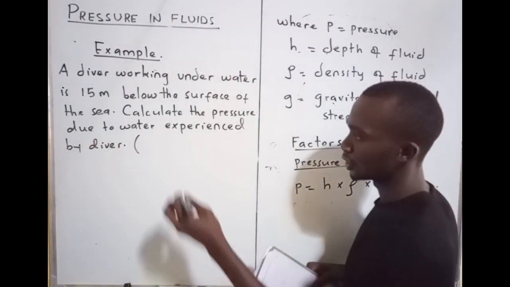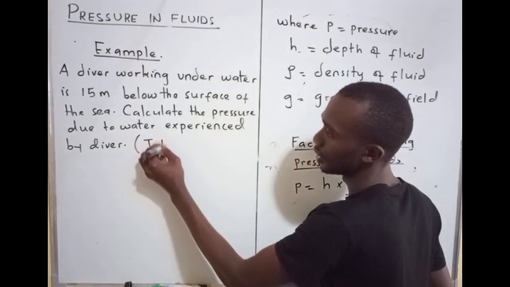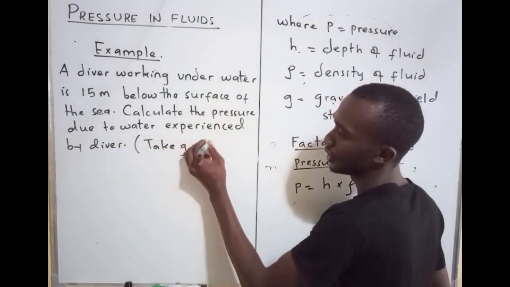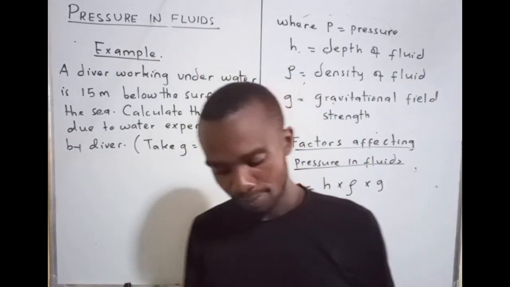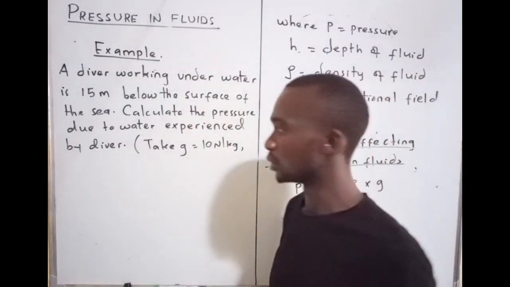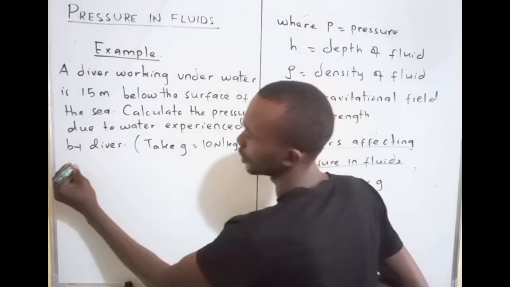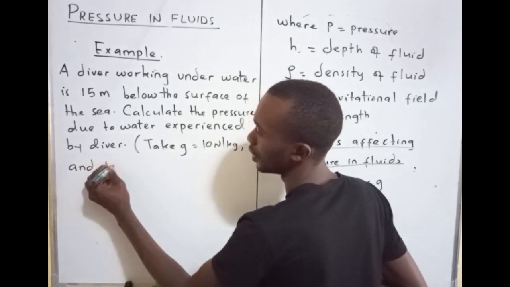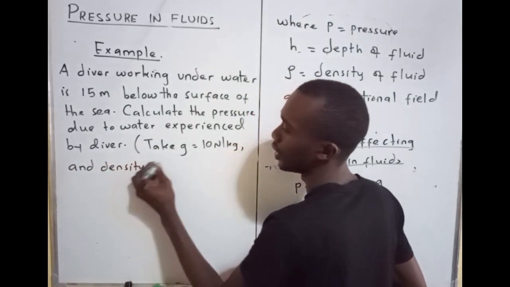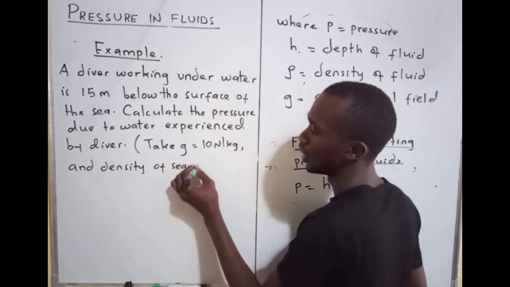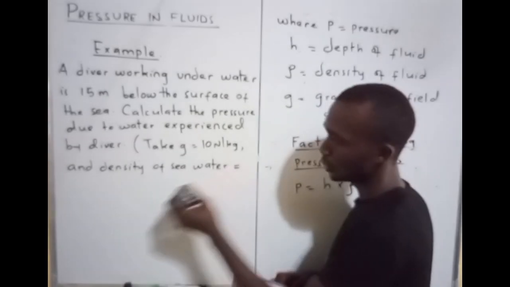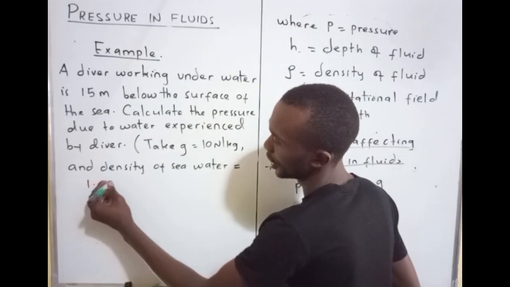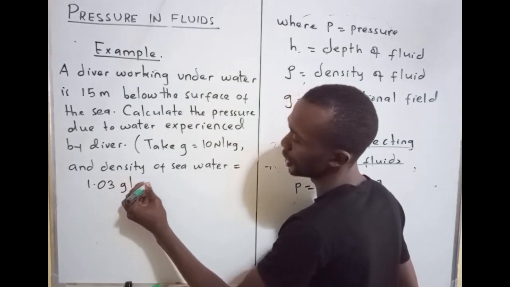You have been given the following constants. Take G is equal to 10 newtons per kilogram, and the density of seawater to be equal to 1.03 grams per cubic centimeter.